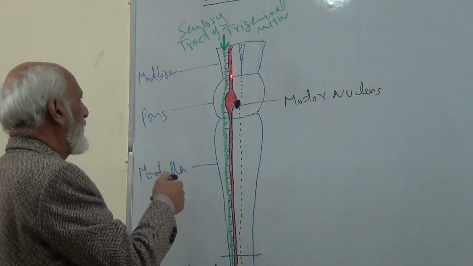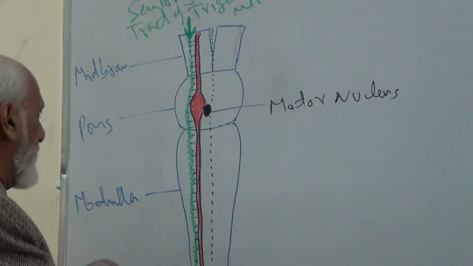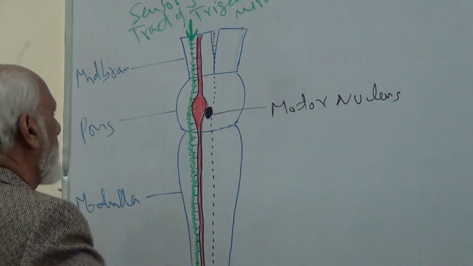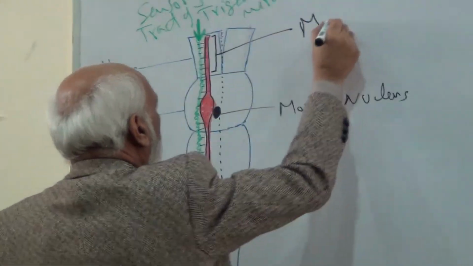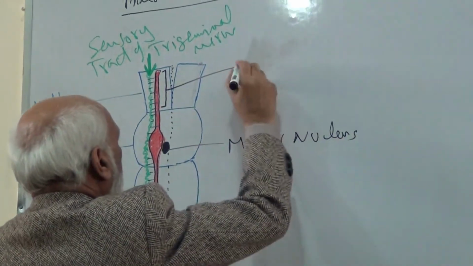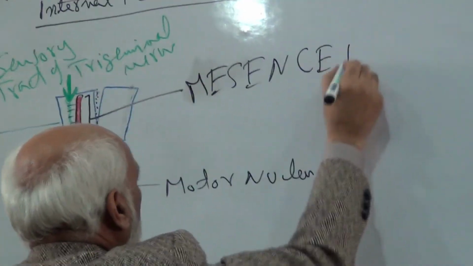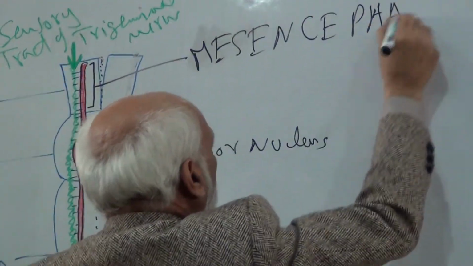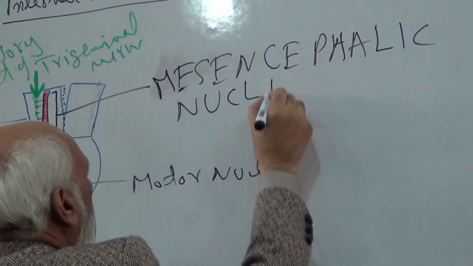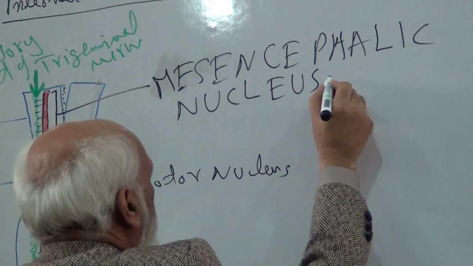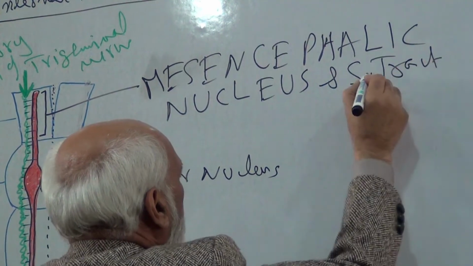This part of the sensory nucleus of trigeminal nerve, which is in the midbrain, is known as the mesencephalic nucleus of trigeminal nerve.